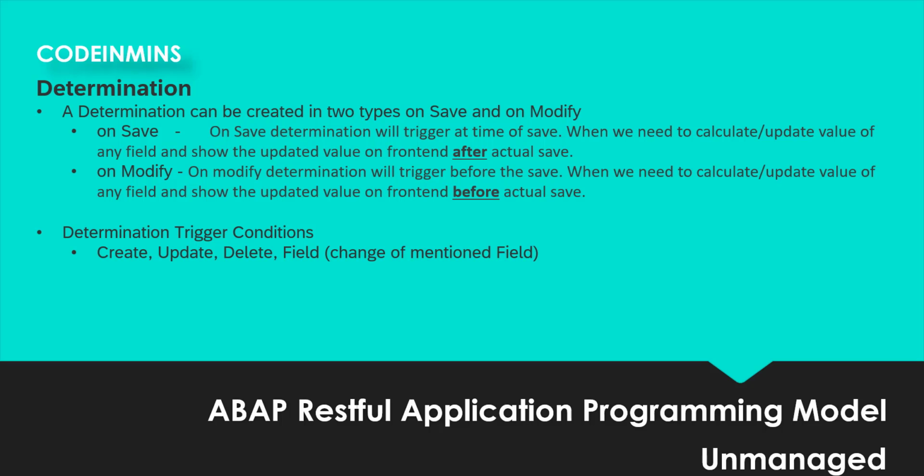For example, in our student record example, if a student is enrolled for a computer course, we want to identify how many years that course is. So based on the value of course, the duration field will be updated.